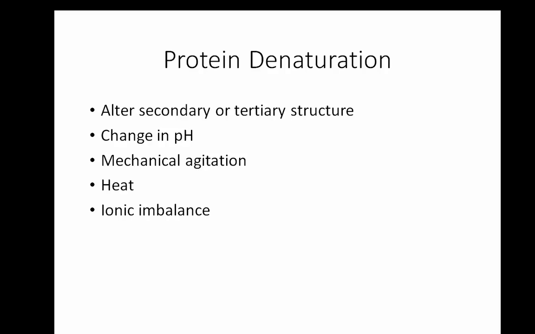Now, if you really want to stabilize that foaminess, throw a little cream of tartar in there. Cream of tartar gives you ionic imbalance, and that will even stabilize further the disruption of the protein by the mechanical agitation. And then I'm pretty sure you've all seen egg white after it's been cooked. It looks a lot like what you're going to see with the egg white that goes in the vinegar.